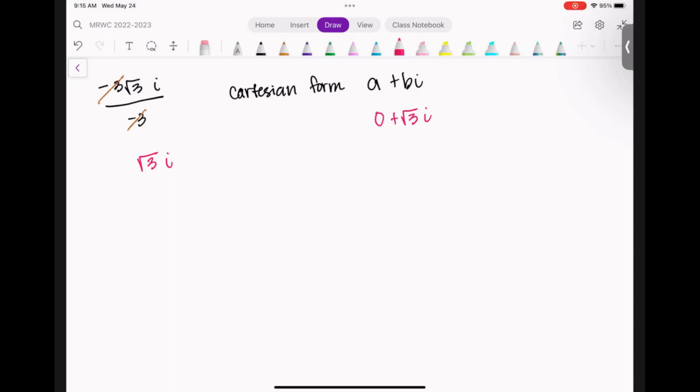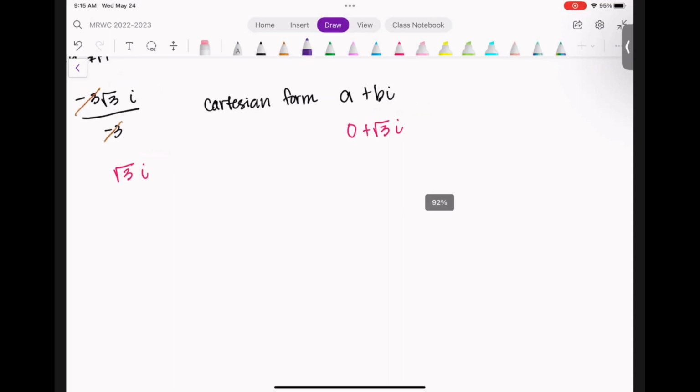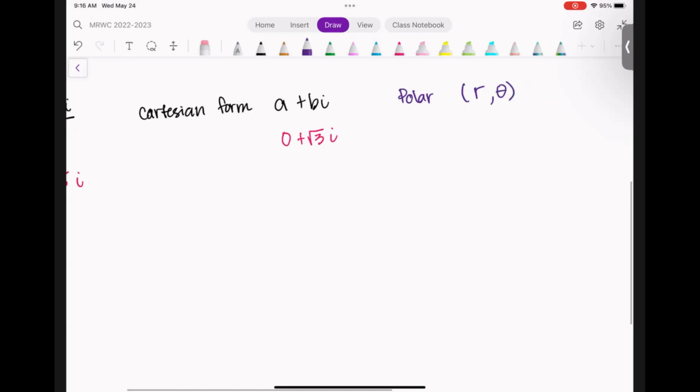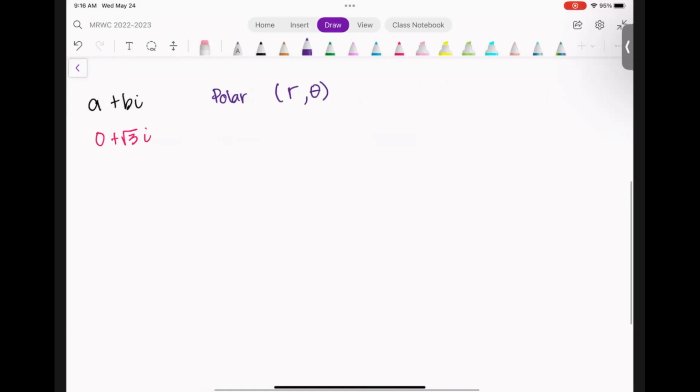So now we're looking for polar form and trig form. Polar form is of the form r comma theta. And then trig form, I'll write next to it, is of the form r cosine theta plus i sine theta.